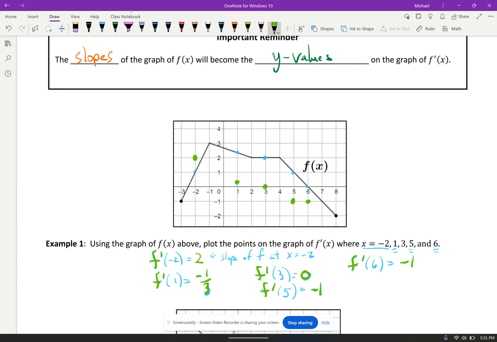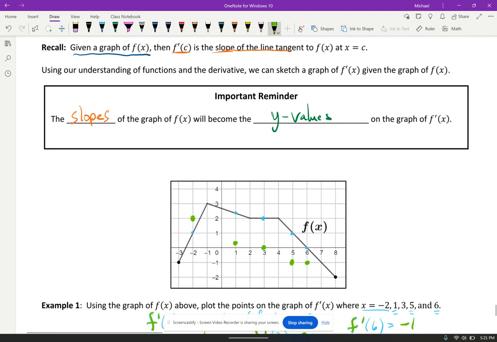Wherever you see a green point, that's the slope of the f graph, and I'm going to create a new graph where the y value here is the slope on this graph. So let me go back to this box because this is going to be the key to what we're doing. The slopes of the original function are going to become the y values on the graph that we're going to create for f prime.